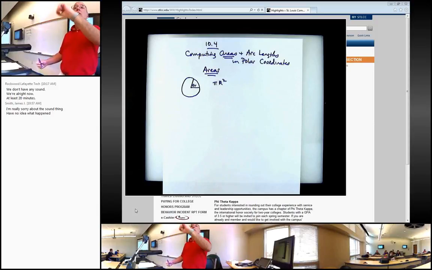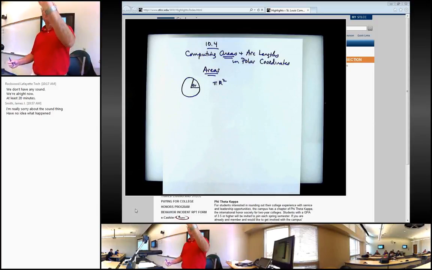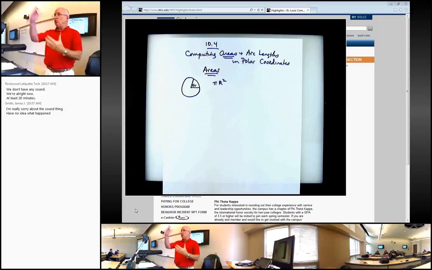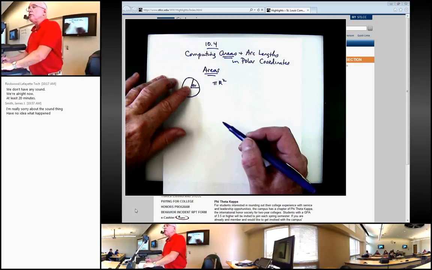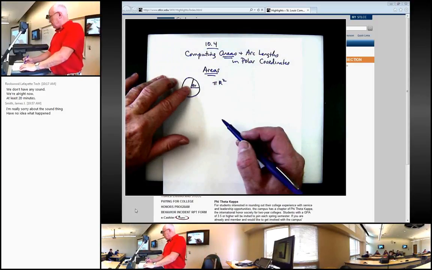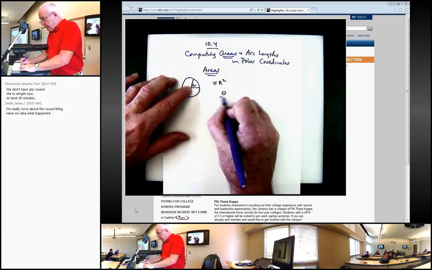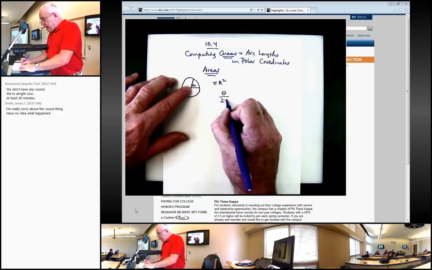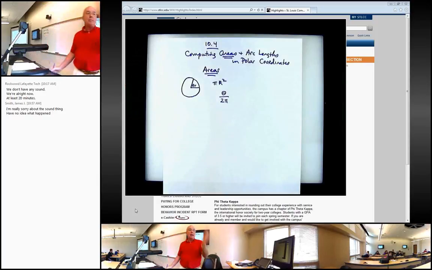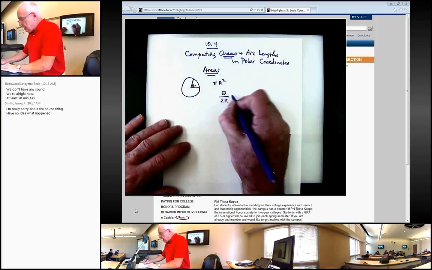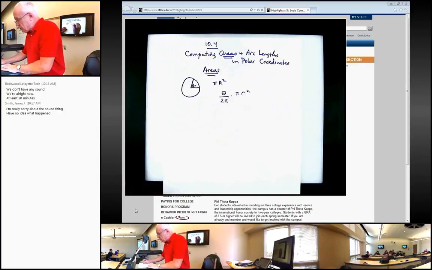Well, what's another way with radians of saying 360 degrees? 2 pi. So the whole thing is 2 pi. So if we're just looking at a piece of this, say of angle theta, the area there is going to be that angle theta divided by my entire angle of 2 pi times pi r squared.